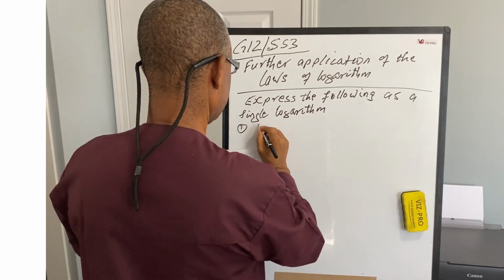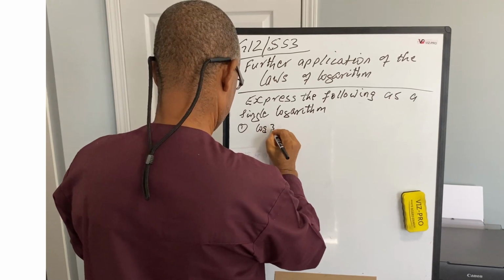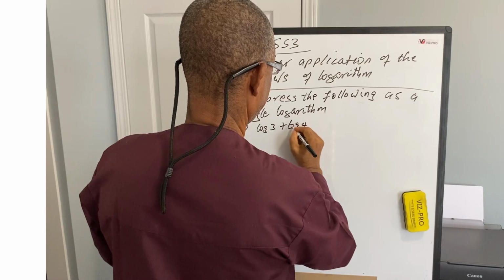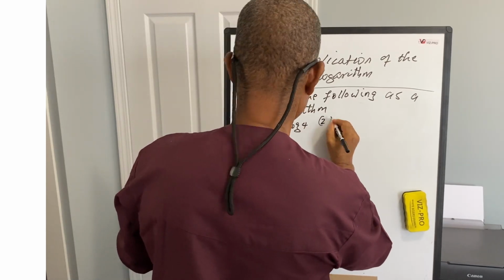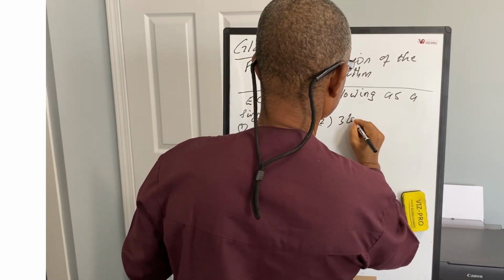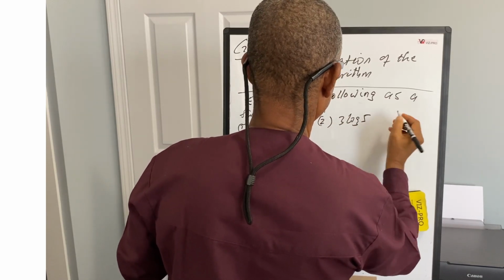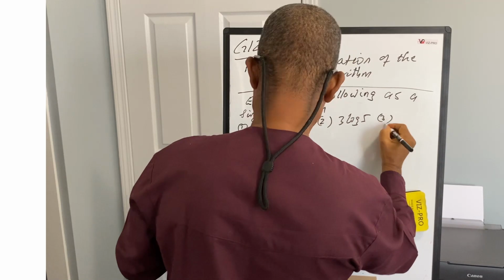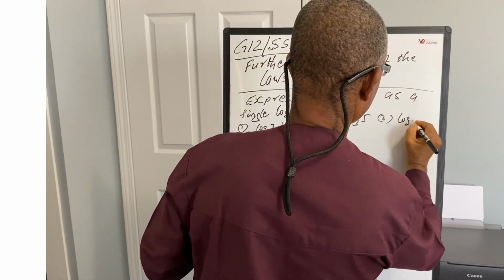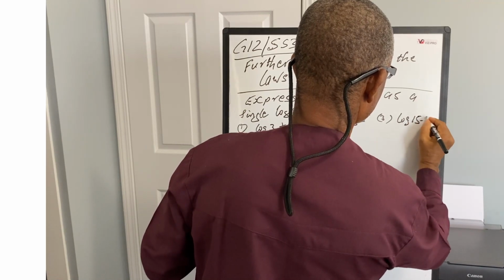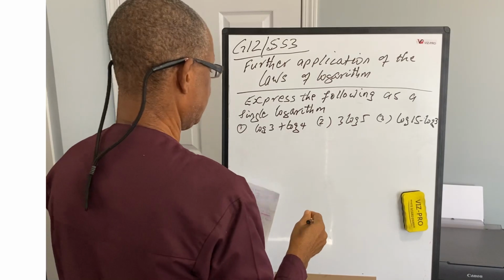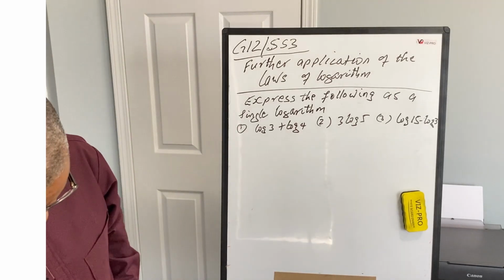Number 1, log 3 plus log 4. Number 2, 3 log 5. And number 3, log 15 minus log 3. Let's treat this before we go further.